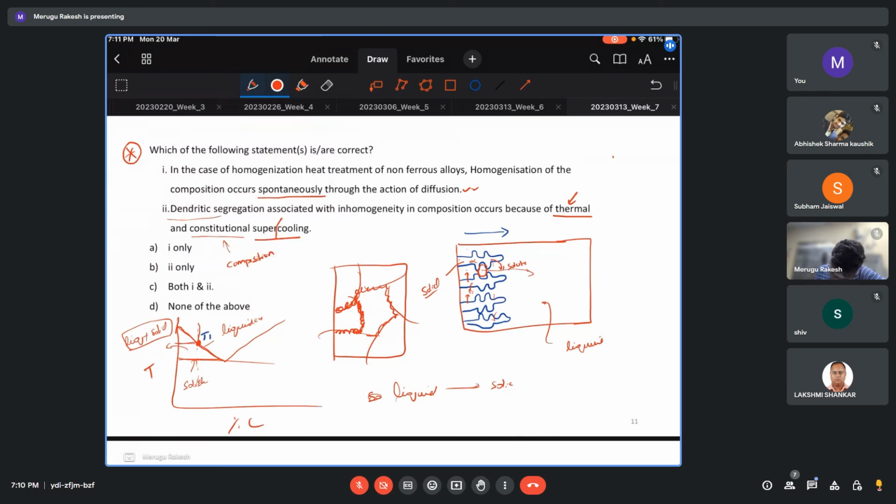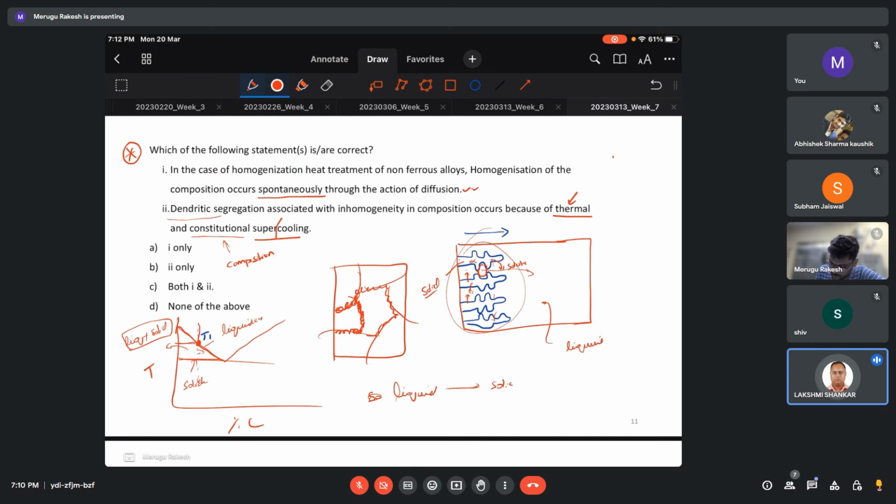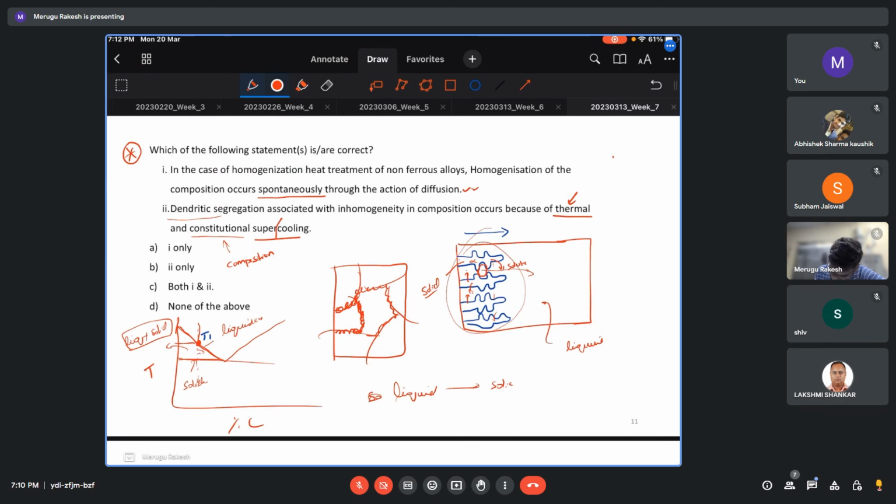So what happens is that it will reject the solute, the solute rejection that I have explained in this figure. It will reject this solute into the liquid. So what happens at this point? If you see, the composition is increasing when this rejection is happening. So at that time, we have T2, meaning another composition which has a lower melting point.